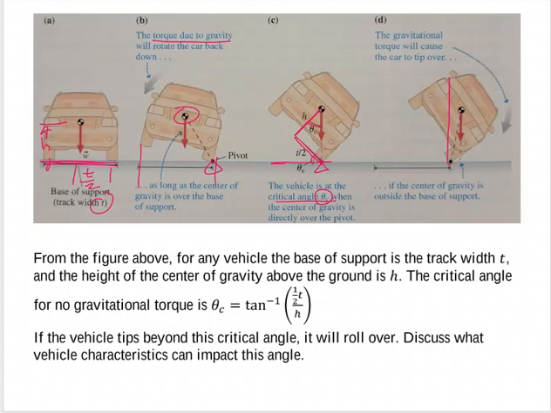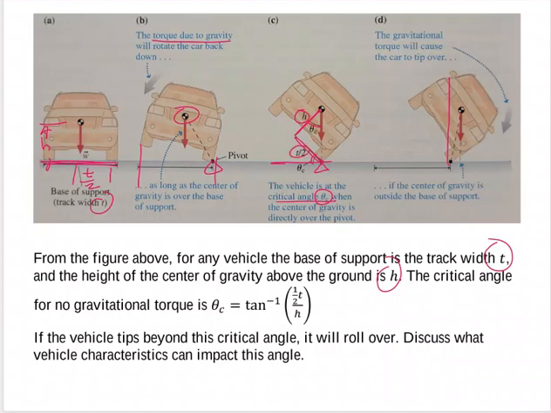So that's our figure. In the figure above, for any vehicle, the base of support is the track width T, and the height of the center of gravity above the ground is h. The critical angle for no gravitational torque is theta sub c equals, if we look at this, we have the h on the adjacent and the T over 2 on the opposite.